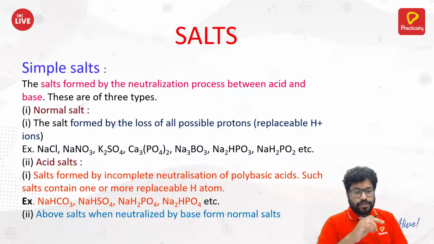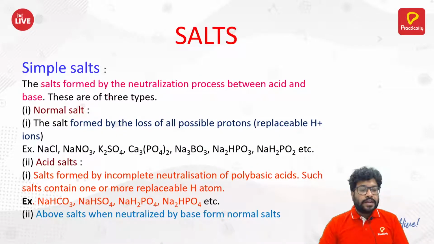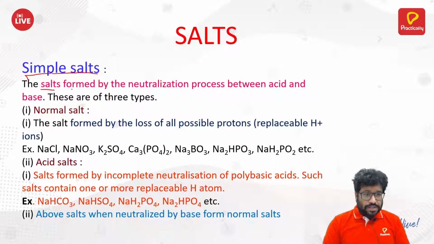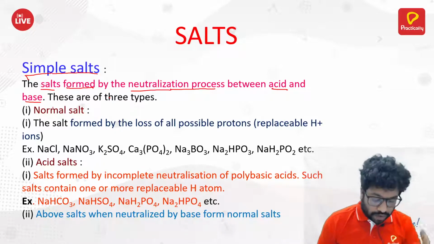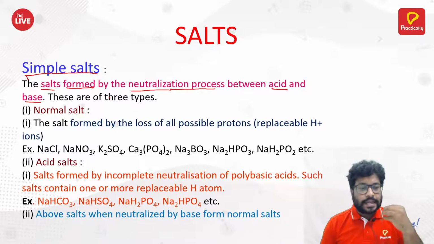Okay, so starting with simple salt. What is our simple salt? See, these simple salts are actually formed by the neutralization process between acid and base, that we already know. Every salt is actually formed by a neutralization process between acid and base.